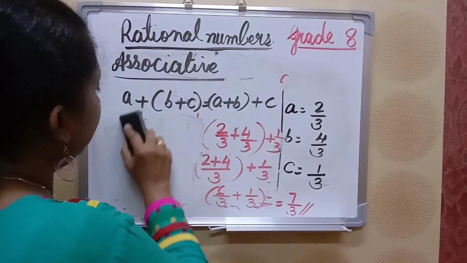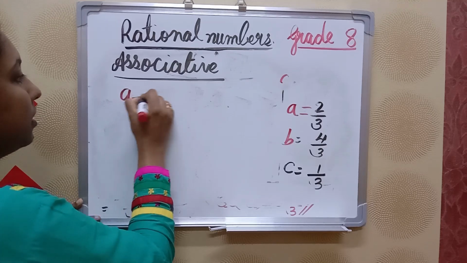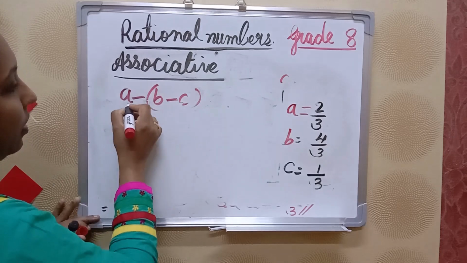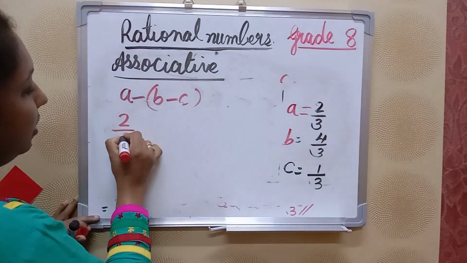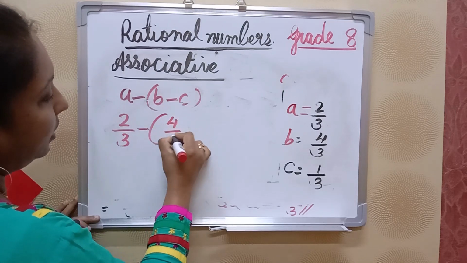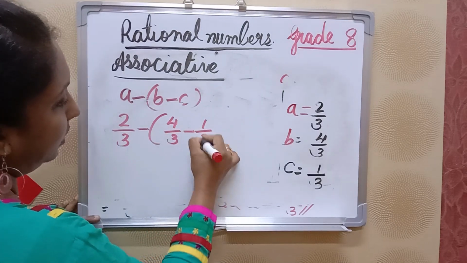We have to check (a - b) - c. First we have to find it. a is 2 by 3, b is 4 by 3, c is 1 by 3.